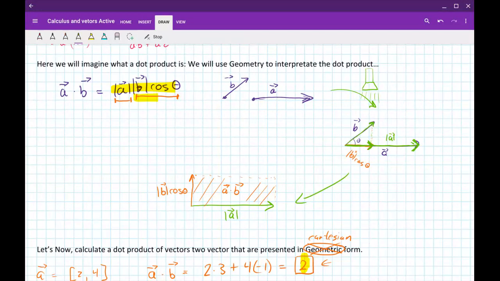You're building a shadow of B onto A, and you determine how much of B is actually in the direction of A.